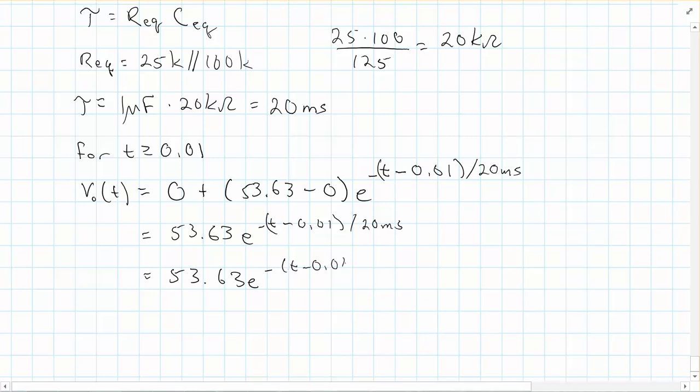Now, as I was saying earlier, the book has this at negative 50 times t minus 0.01. And that's just because, again, they did the 1 over 20 milliseconds to get that.